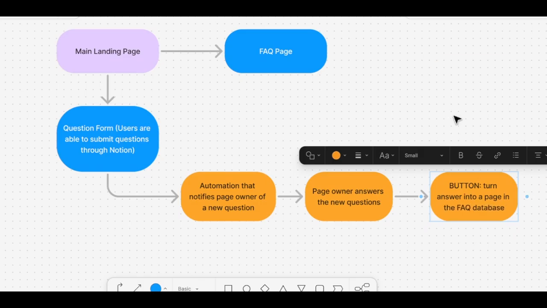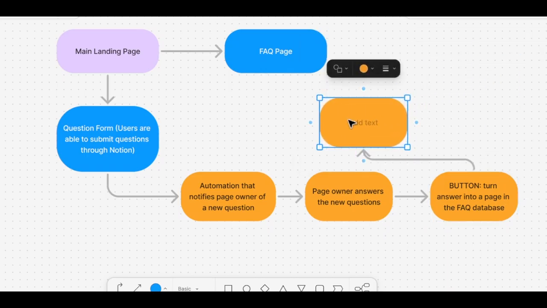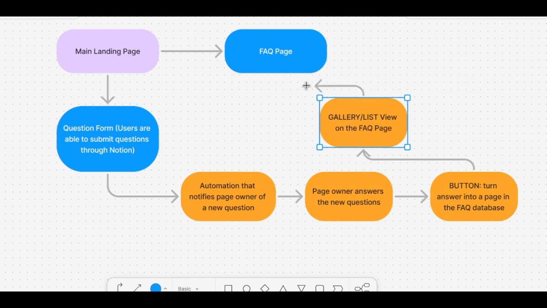And I guess there's an intermediary step over here where we have some type of list view on the FAQ page. So this is essentially what we're working with, and this brings us all the way back here.